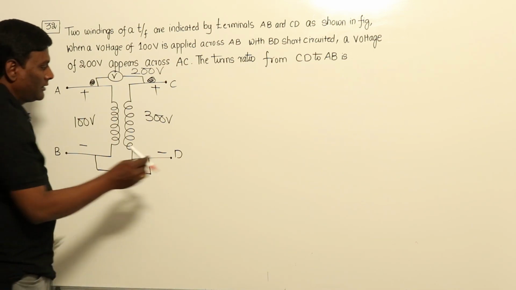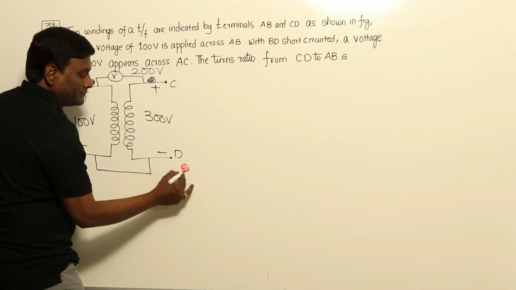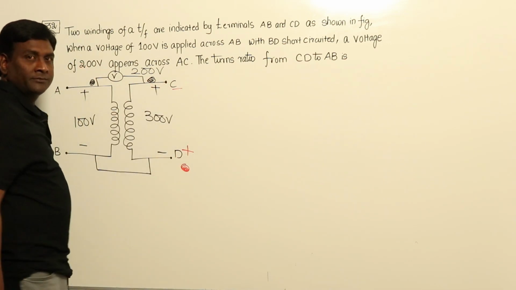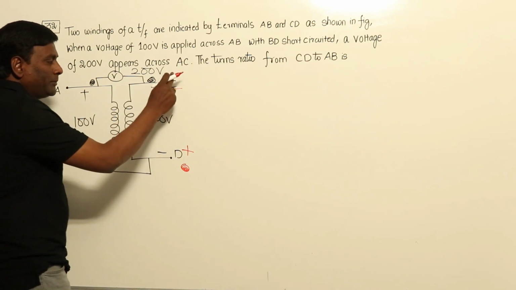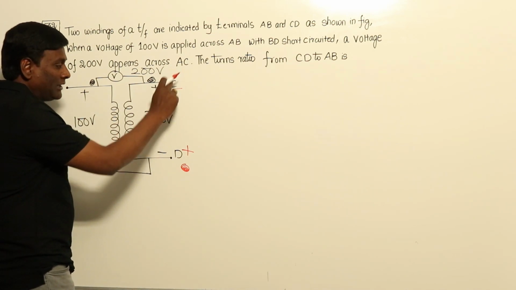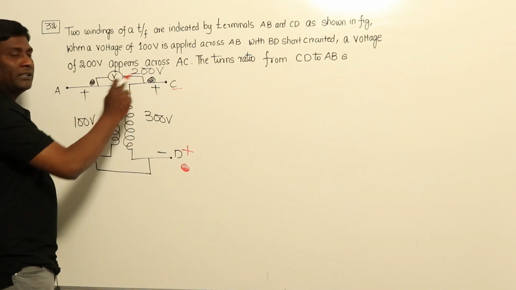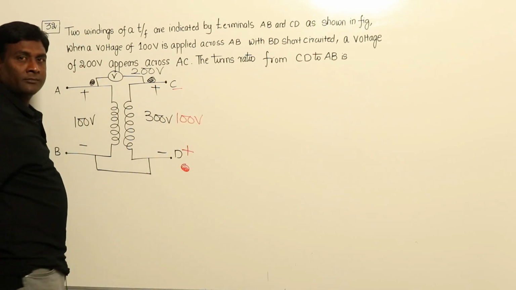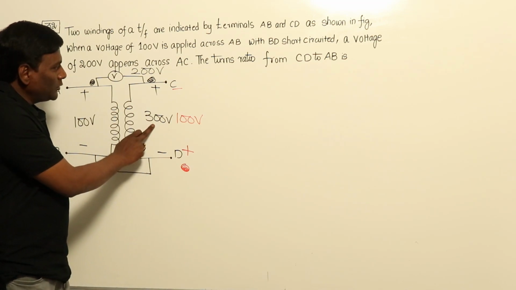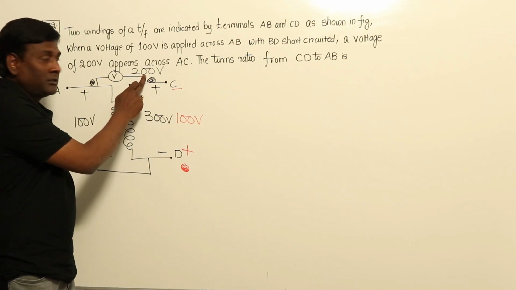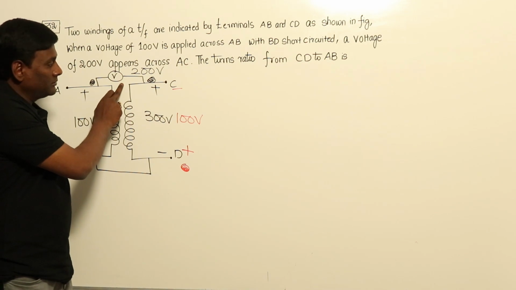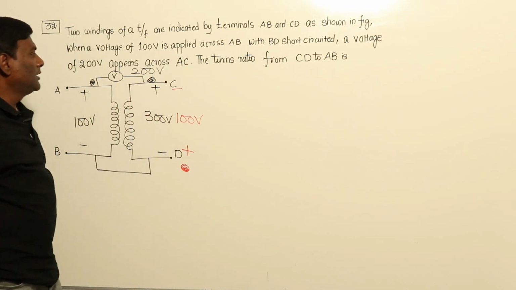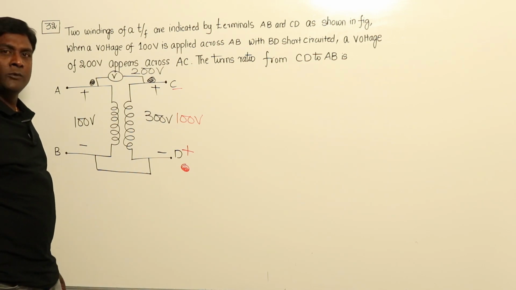Or if the dot is here, this is plus and this is minus, under that condition my voltage is aiding in KVL, voltage rise. So in this case it will be 100 volts. Now if it is 300 volts and the dot is here, the voltmeter will read 200 volts. Or if the dot is here and this is 100 volts also, the voltmeter reading will be 200 volts.